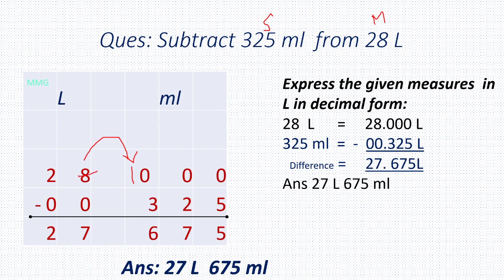Now here we will have 7. Now you have to do the subtraction over here, and you can do it in this way also. You can convert these capacities into decimal liters, and after that you will get 27 liter 675 milliliter as the answer. Here you can also see we are getting the same answer with this way.